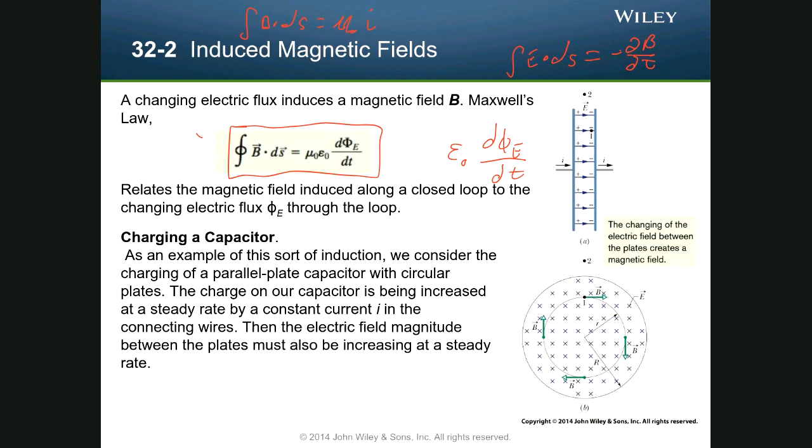The idea is, say, when charging a capacitor, as you charge the capacitor, this field gets bigger and bigger. And as that field gets bigger, is it possible that that changing electric field will actually induce a magnetic field that you can measure and behave like a current?